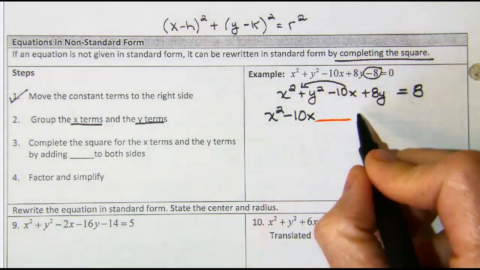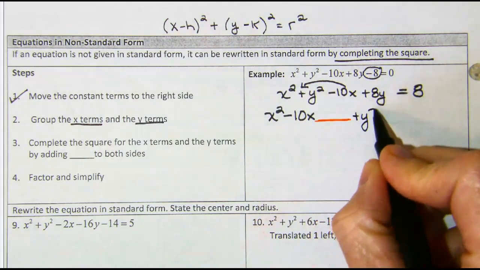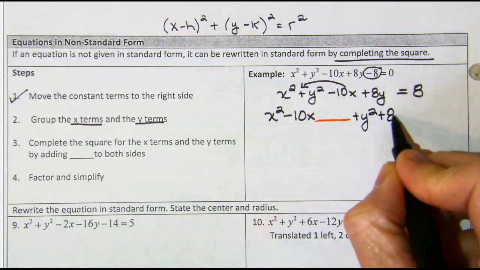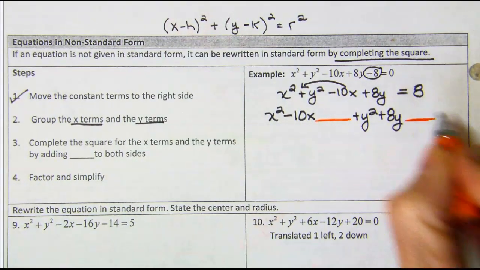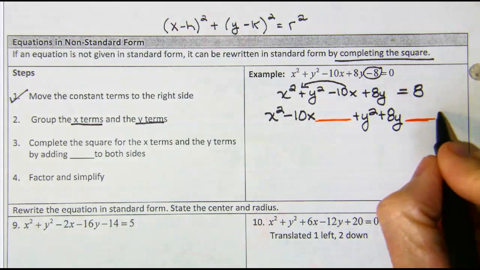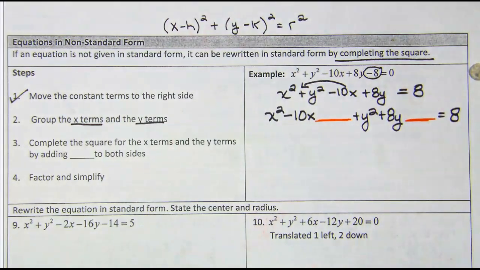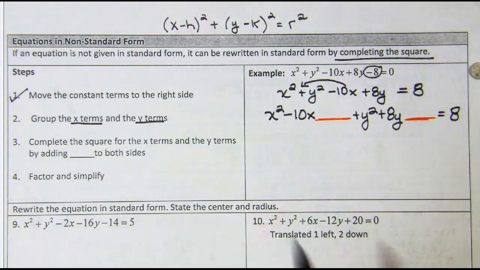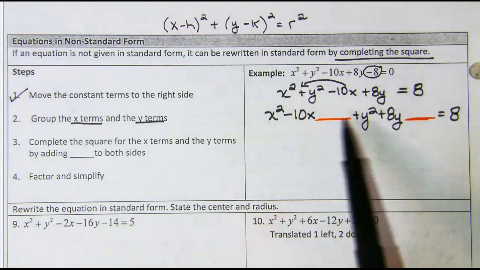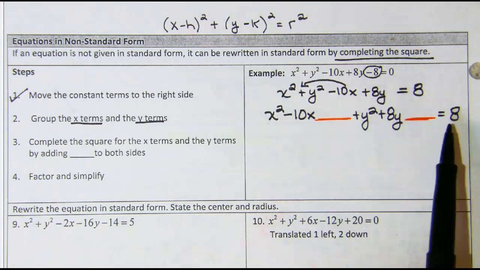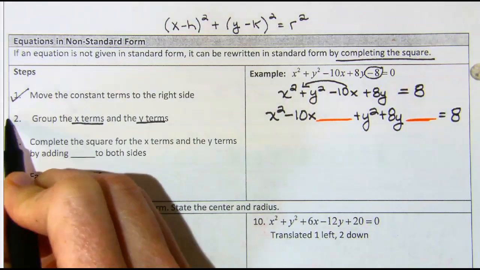And then I'm going to put next y squared, and I'm going to put 8y with it, and I am going to intentionally leave a blank here. And all of this is equal to 8. I want you to notice the only thing that I've done is put x's together and y's together. That equation is still the same thing. Now, step 2 is complete.